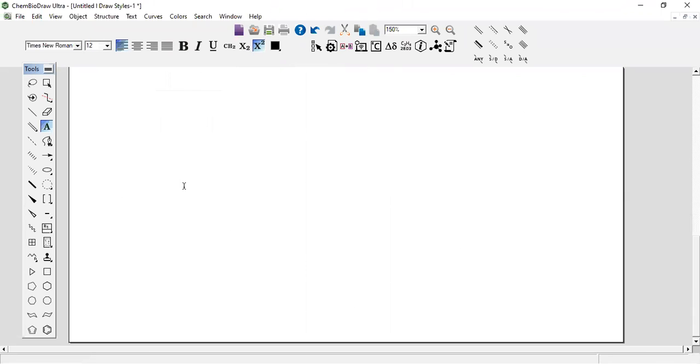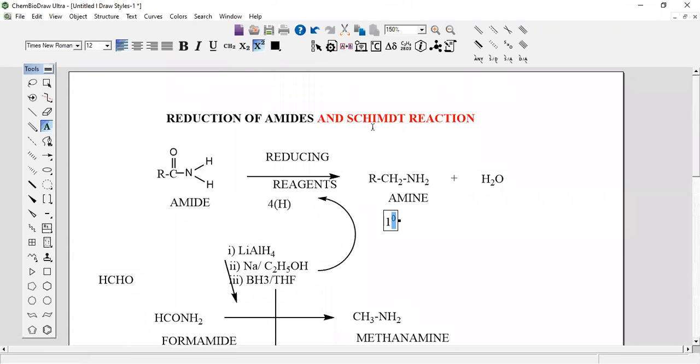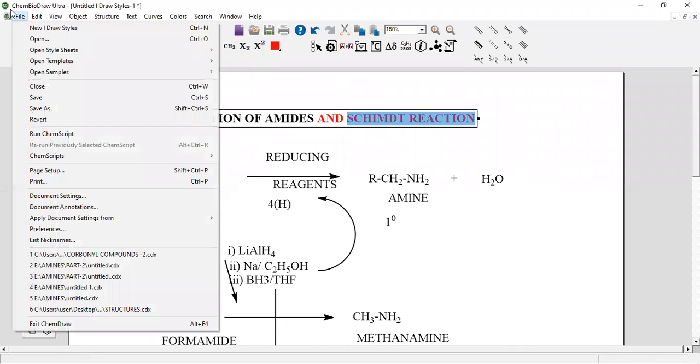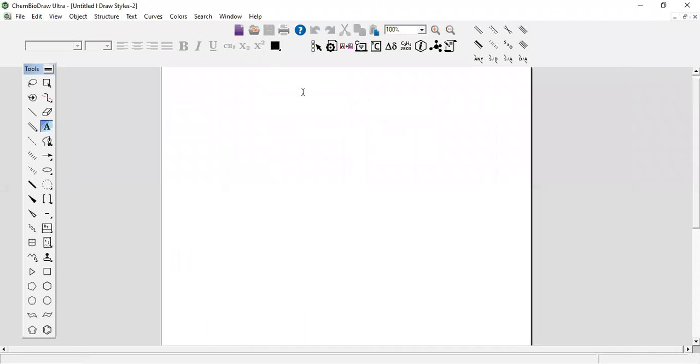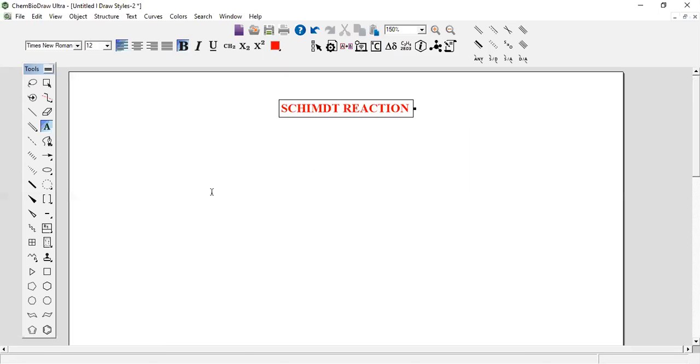Now let us discuss what the Schmidt reaction is. Very simple. Let us take this compound.